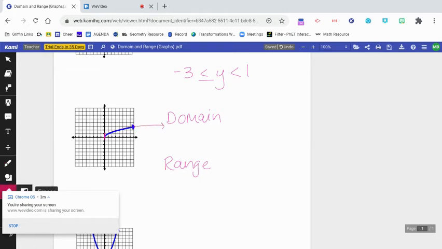It never stops. So that means that our domain is actually every number that is greater than or equal to 0, because that's a solid line touching the 0. So our domain is going to be our x is greater than or equal to 0.